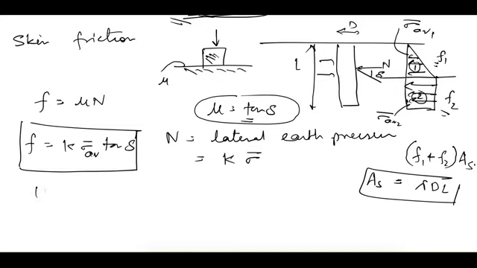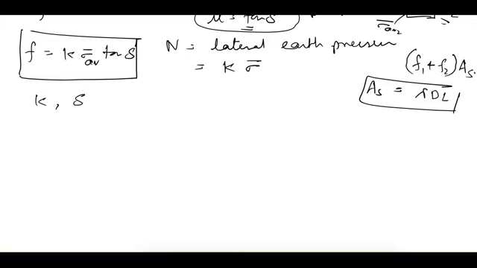Now the values of K and delta depend on some factors, that is, they depend upon the pile material. If it is made of timber or steel, then depending upon that the values of K and delta will be different.